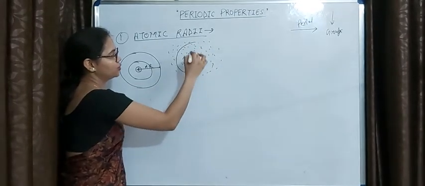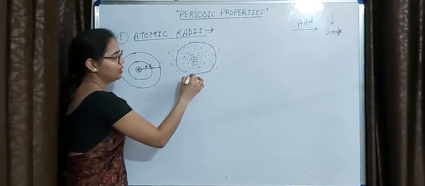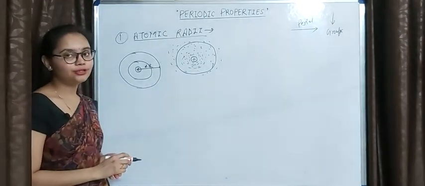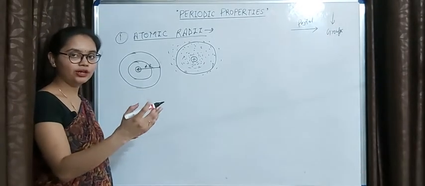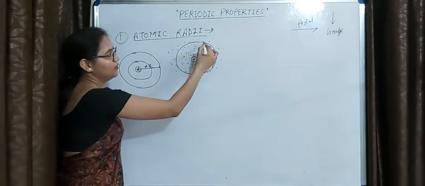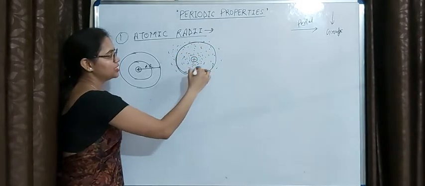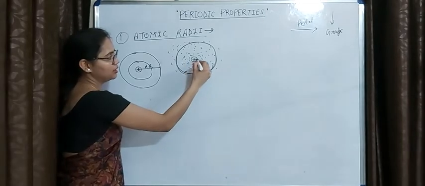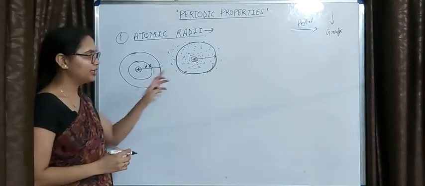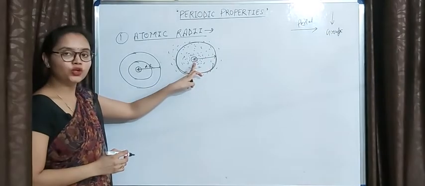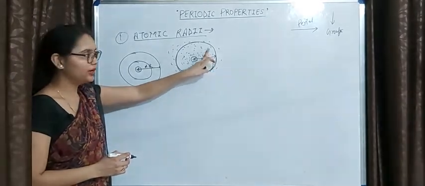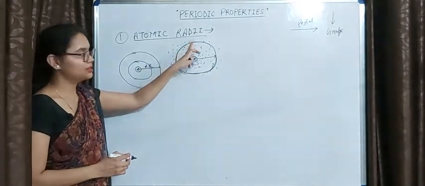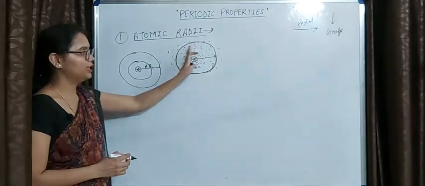The area where electron density is negligible. Electron density can't be zero because it extends to infinity, so the area where the electron density is negligible, we can consider as the orbit. The radius between the center of the nucleus and the area where electron density is negligible is known as atomic radii. This is the different definition of atomic radii.